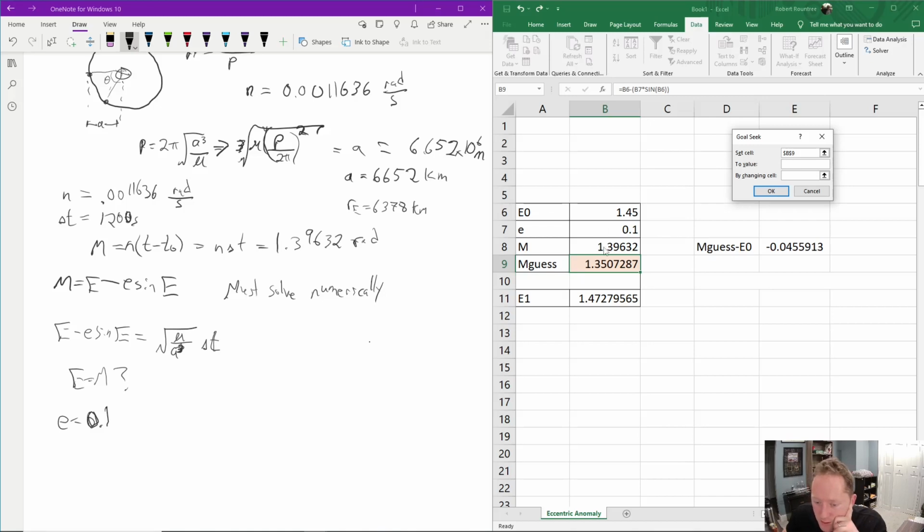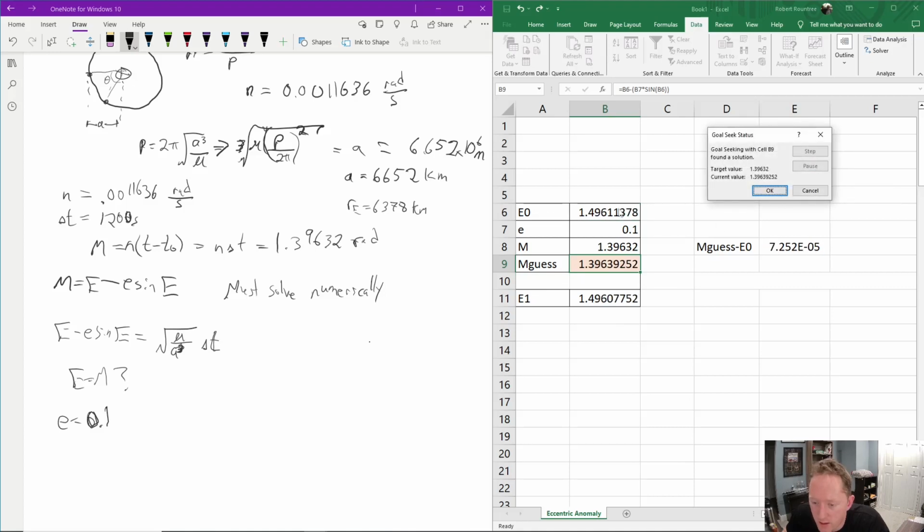We want to set it equal to this M, so 1.39632. Unfortunately, you have to hand type that in. And we're going to change what cell? We're going to change this E naught cell. And what it's going to do is iterate this E naught cell until that M guess cell equals the M cell. And like I said, this E1 should also equal E0 when it gets there.